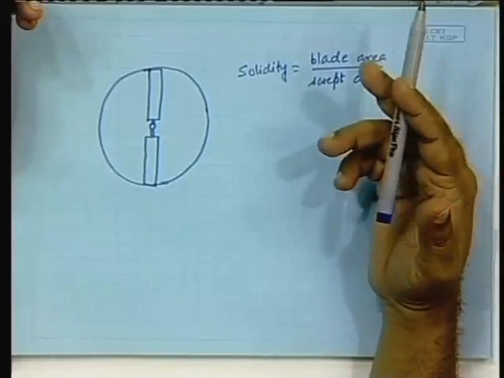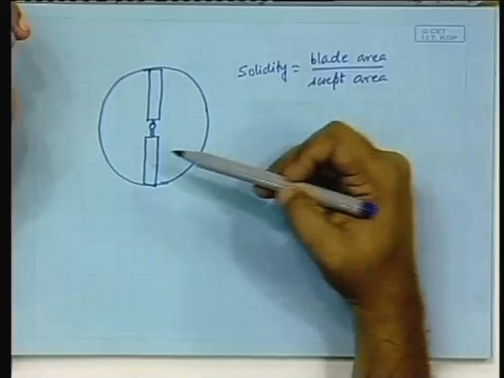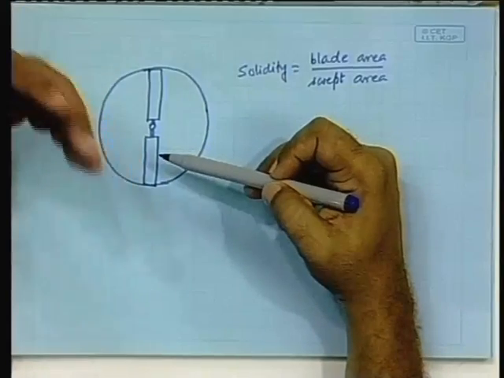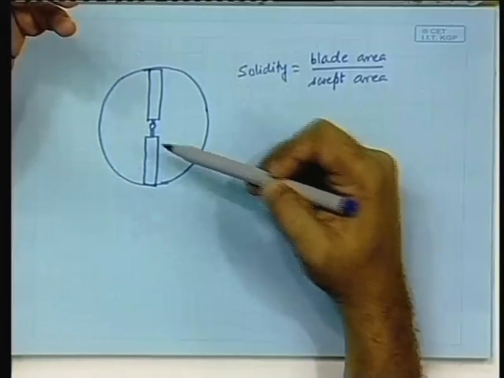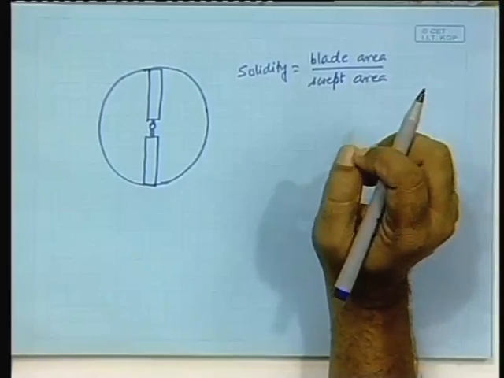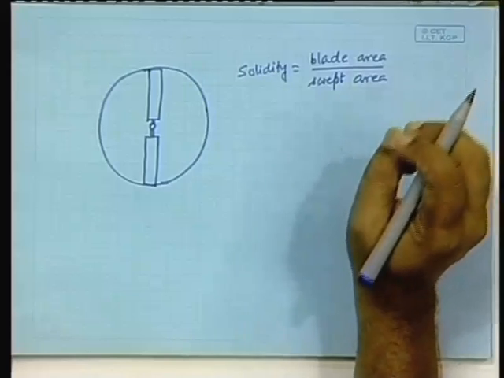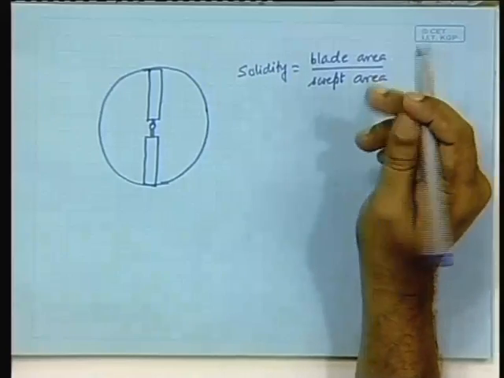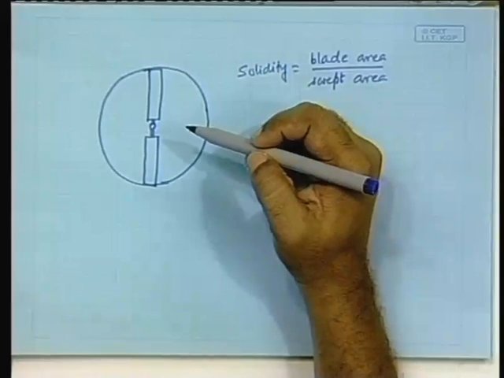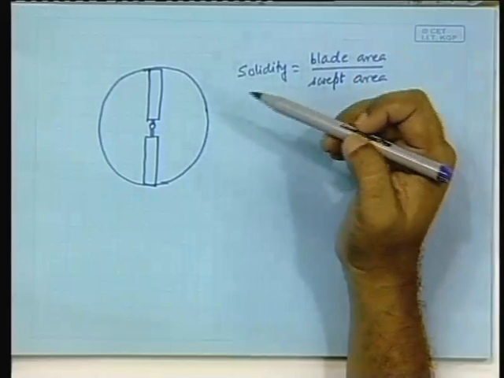For example, water pumping windmills are high solidity rotors, while electricity production windmills are of low solidity. So, normally for electricity production, which is what we are putting emphasis on right now, you would expect the solidity to be low.